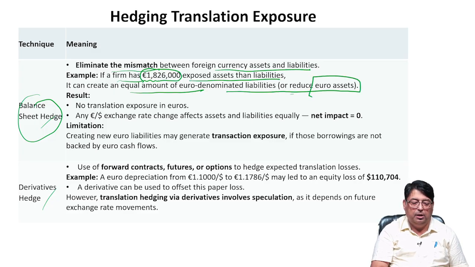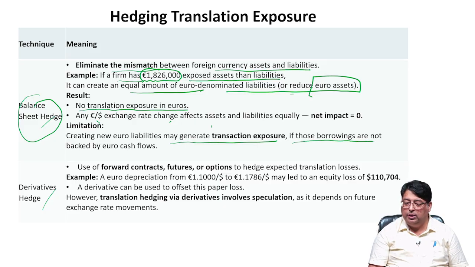The result is no translation exposure in euros, as assets and liabilities are equal, so the net effect is 0. The limitation of this method is it creates new euro liabilities that may generate transaction exposure if those borrowings are not backed by euro cash flows.